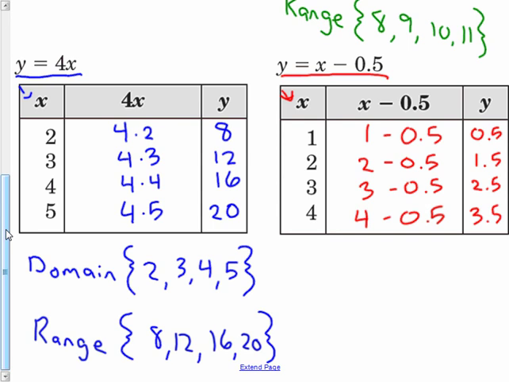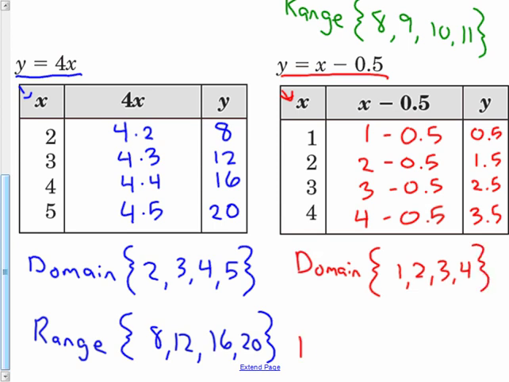So I'll label the domain and range. My domain, again, reminder one more time, domain is your x values, your inputs, and I inputted 1, 2, 3, and 4.